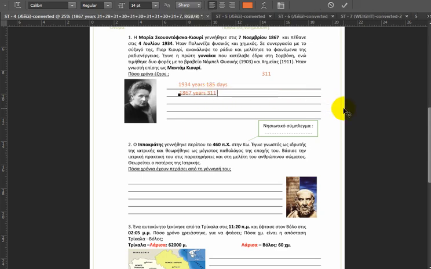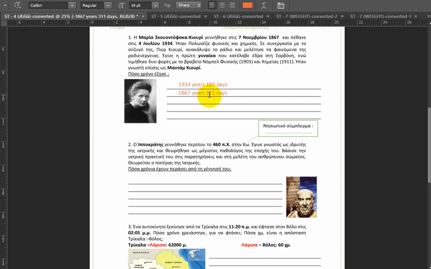So basically, we need to find the difference between 1,934 years and 185 days with 1,867 years and 311 days. We need to subtract these two. Okay, so let's do that. I want to do 185 take away 311.